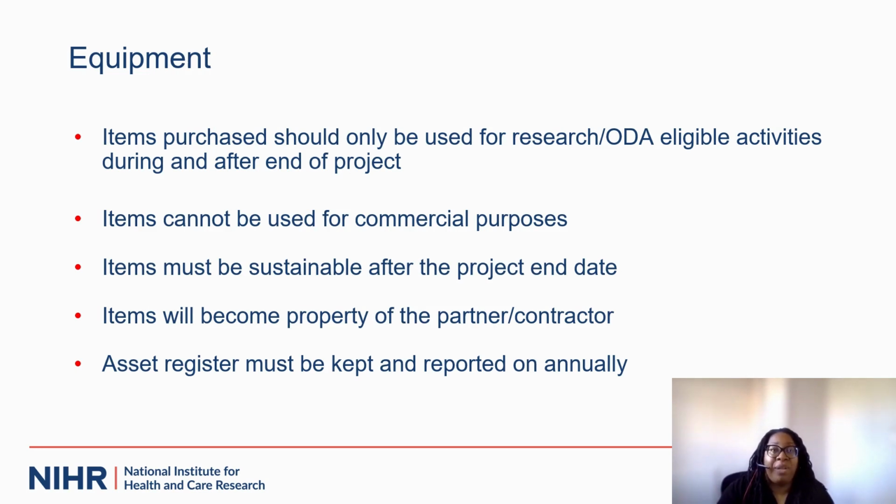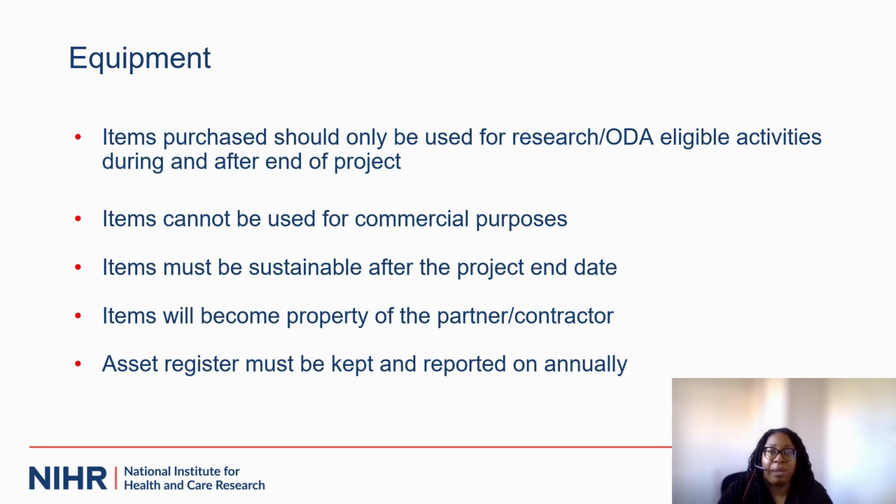And then in terms of level of detail, if there is an item that costs £250 or over, for each item it must be listed separately. So you can group items together.